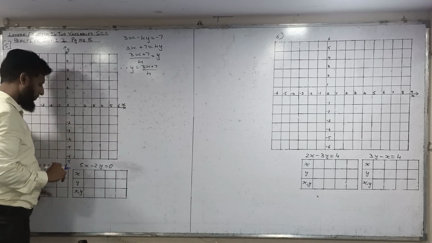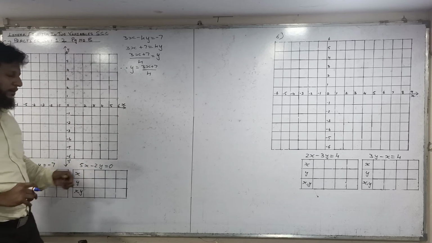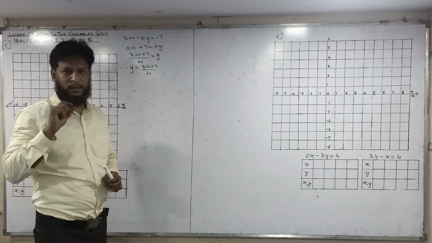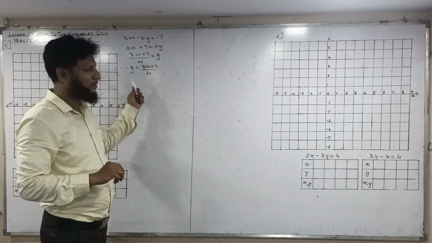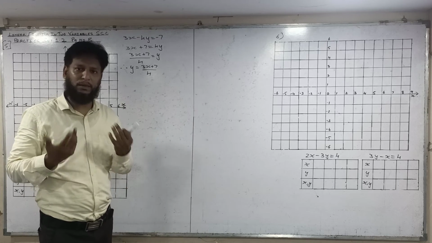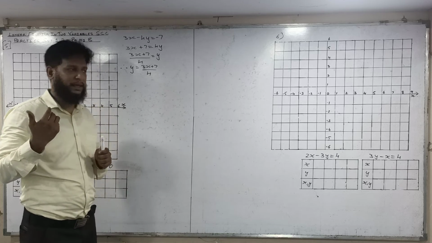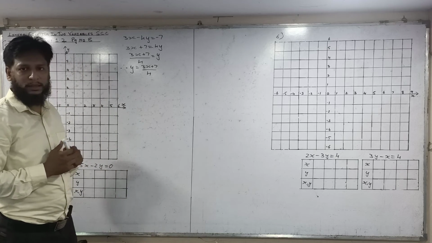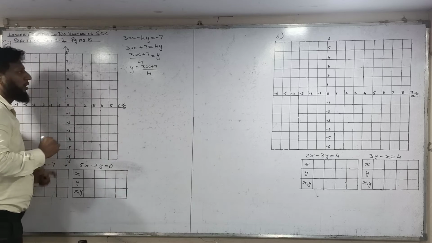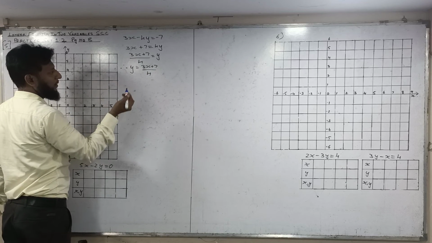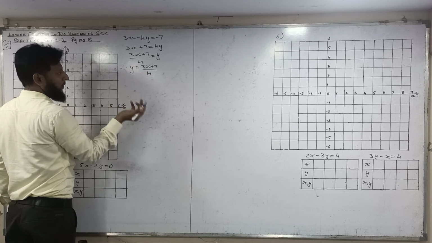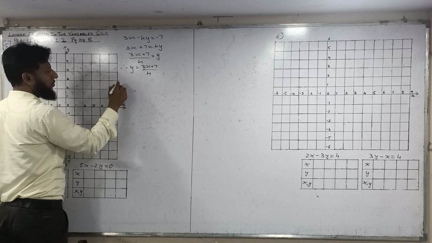If both variables have a number, it is advised that first you solve the equation for any one of the variables, and then write the points in the equations. So now I have solved for the variable y. Take an x value and then you will get the y value.